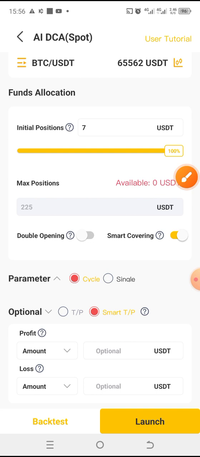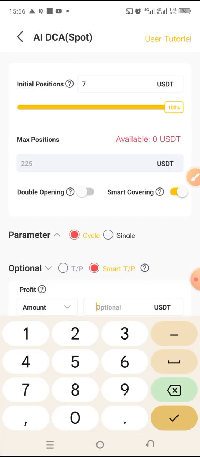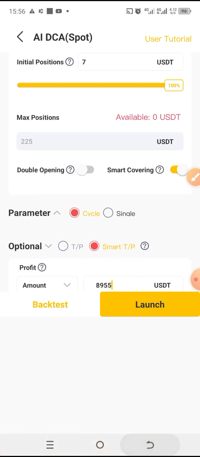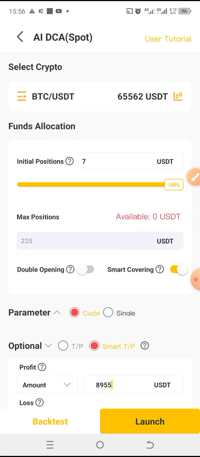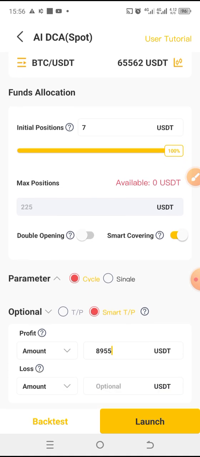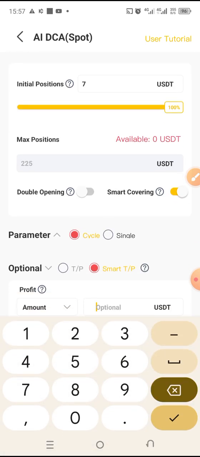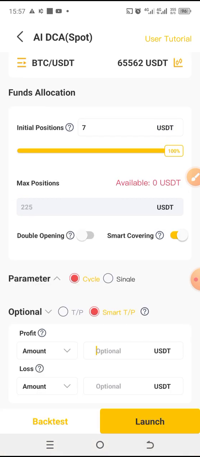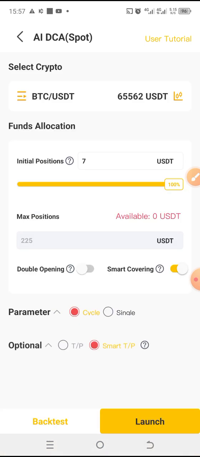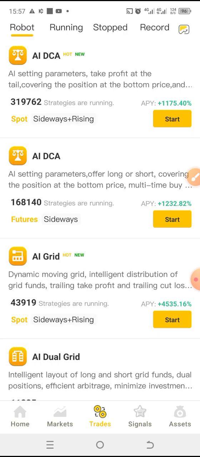You can make settings for this, and that's all. So that's all in this section that you can set. The system has recommended some settings for you. And that is that.